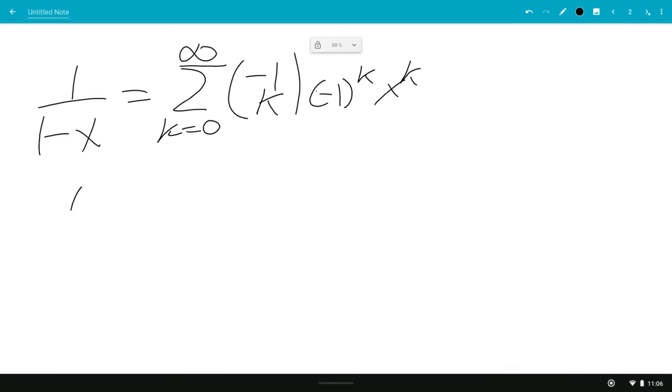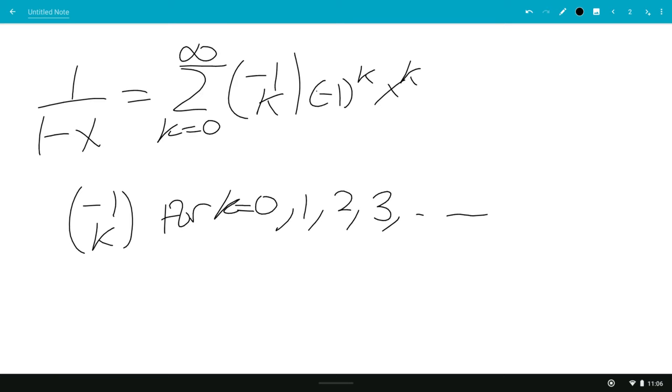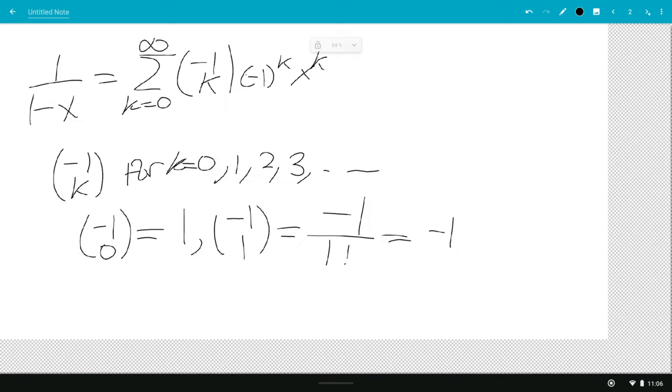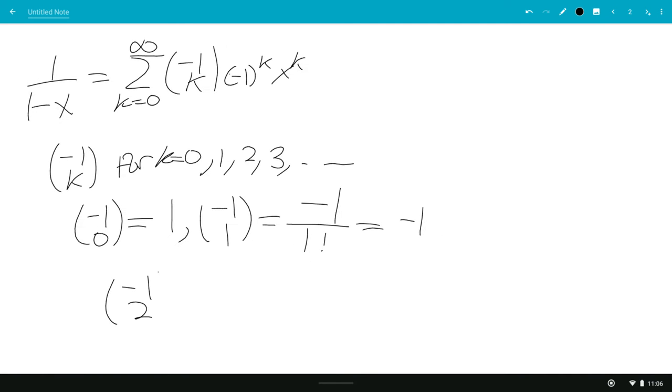And now we want to look at negative 1 choose k, for k equals 0, 1, 2, 3, and so on. Negative 1 choose 0. Anything choose 0 is 1. Negative 1 choose 1 would be minus 1 term here over 1 factorial, which is negative 1. Negative 1 choose 2.